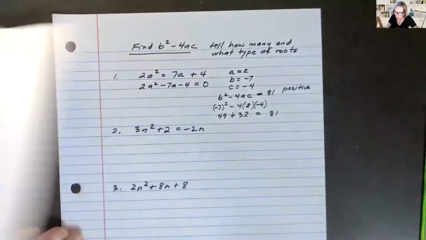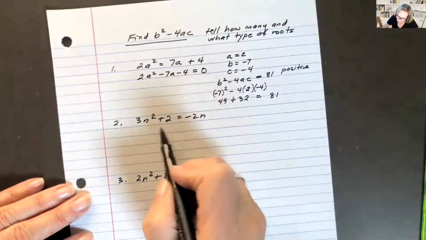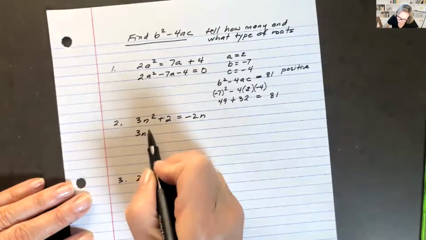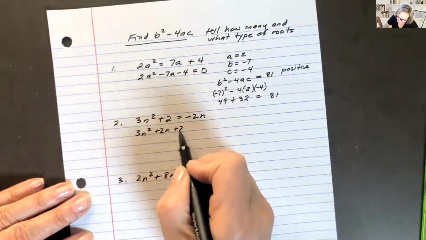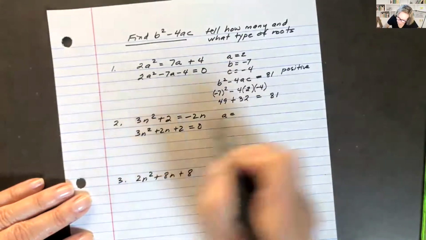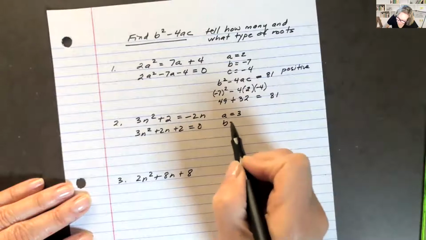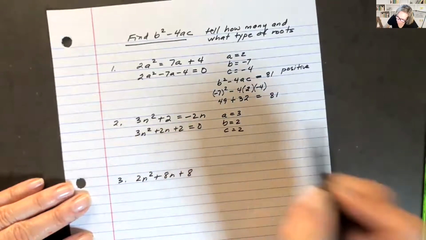Okay, so going to the second one, to get this in standard form, I have to add 2n to both sides. So I get it in the right form, the 3n squared plus 2n plus 2 equals 0. So in this case, a is 3, b is 2, and c is 2.